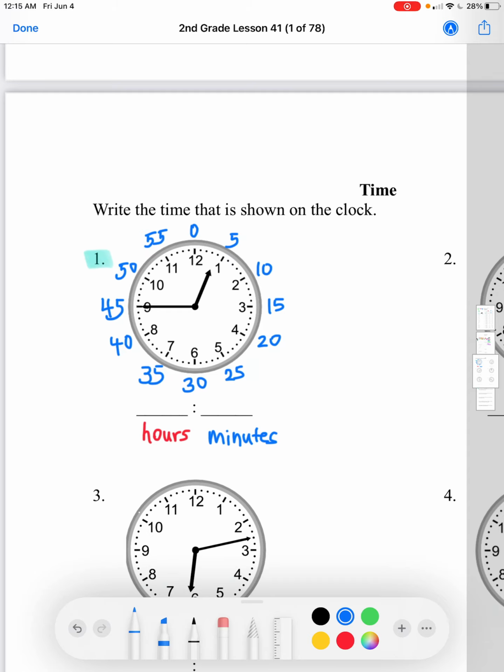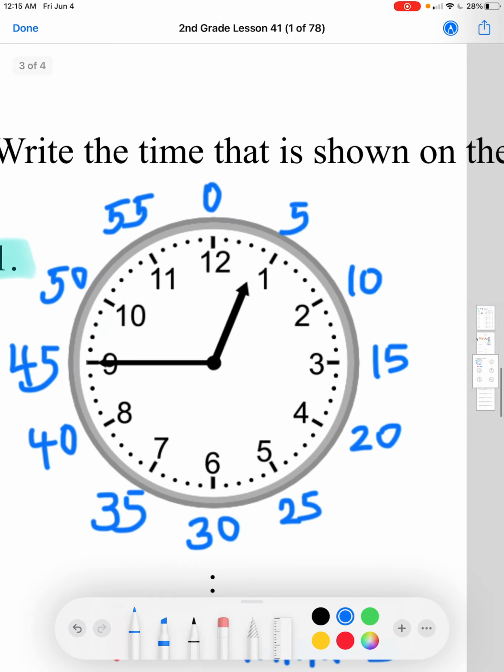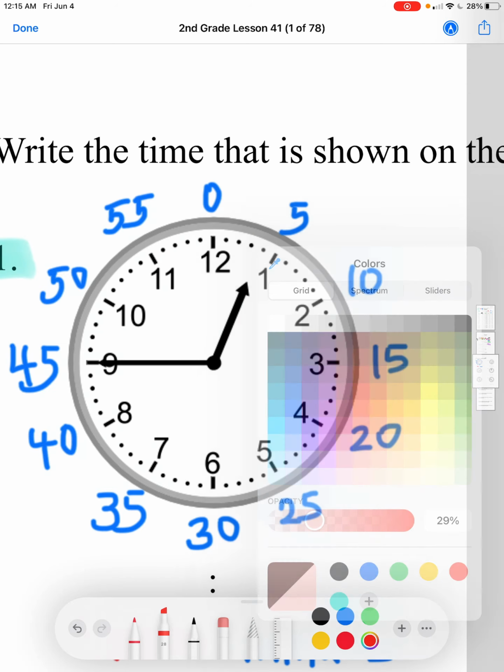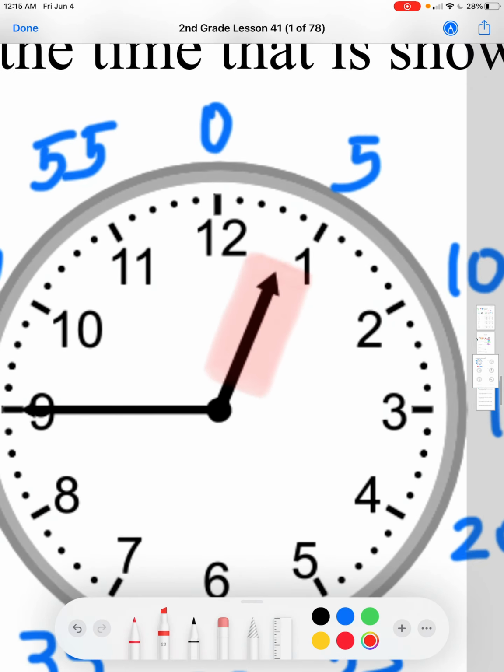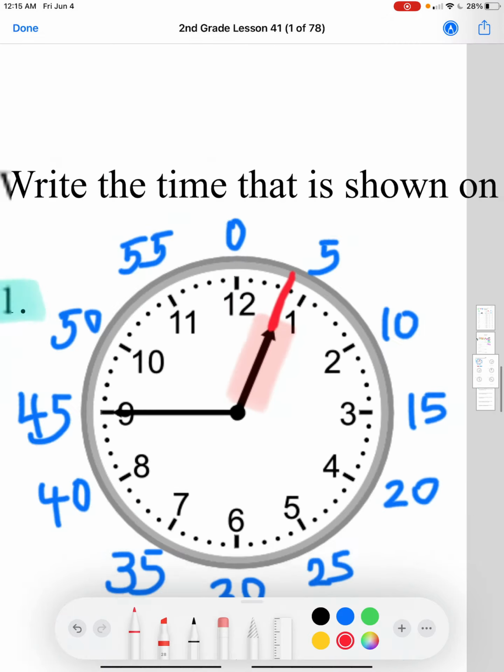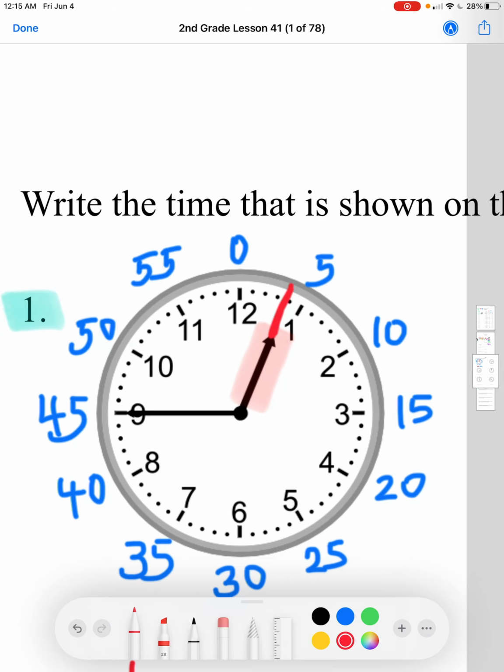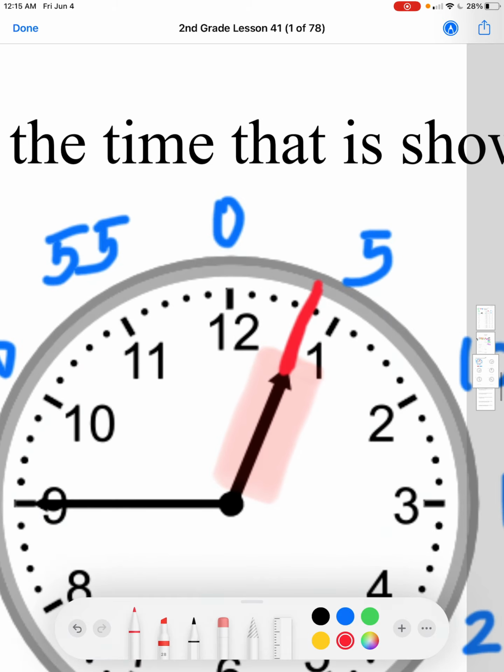So first let's look at the hours. If you look here, this is the hour hand right here, and it is pointing between 12 and 1. Now it's a bit ambiguous because it's not pointing at 12 or 1, but remember, the minute hand is moving all the way across the clock in the time that the hour hand is moving from one number to another.